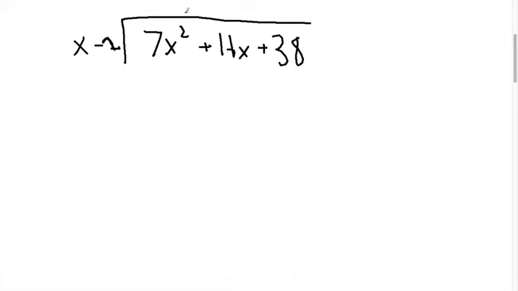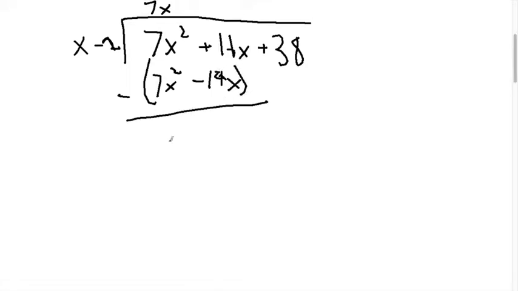So we do the same thing we just did, where we figure out how many times x goes into 7x squared, which is 7x times. So we subtract 7x squared minus 14x, which once you distribute the negative, this is 0, so ignore it, and this would be 16 plus 14, which is simply 30x, and we bring this down, so it's plus 38.